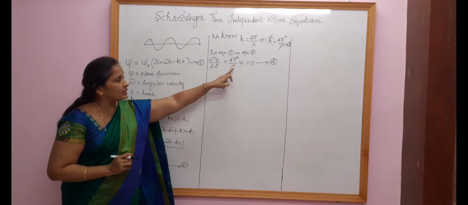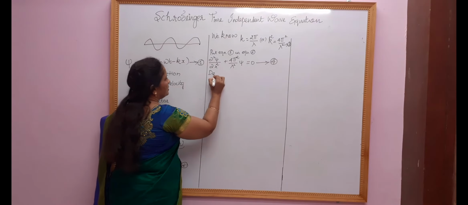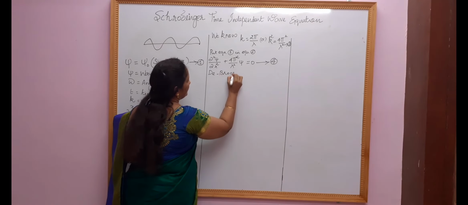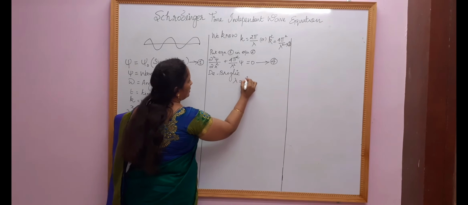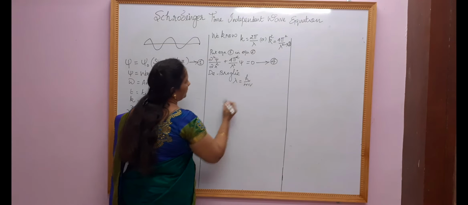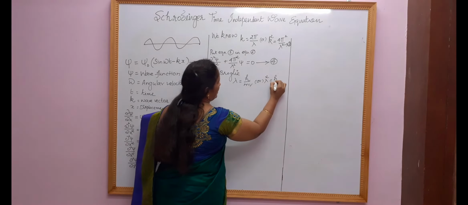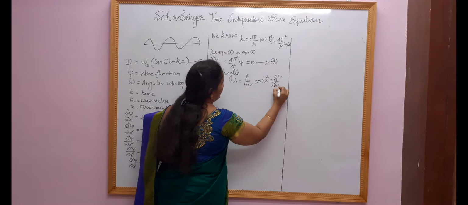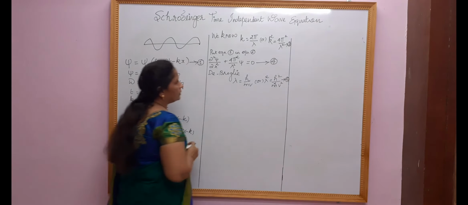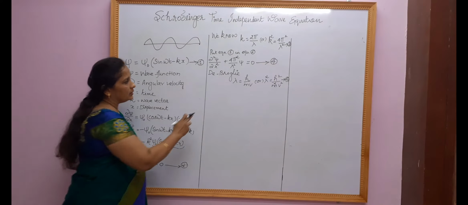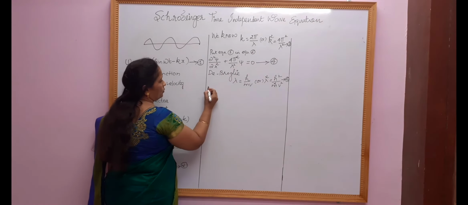Now we have to replace this lambda term also. We know according to the de Broglie equation, lambda is equal to h by mv, or lambda square is equal to h square by m square v square. So this is your equation number 5. Now put equation number 5 in equation number 4.